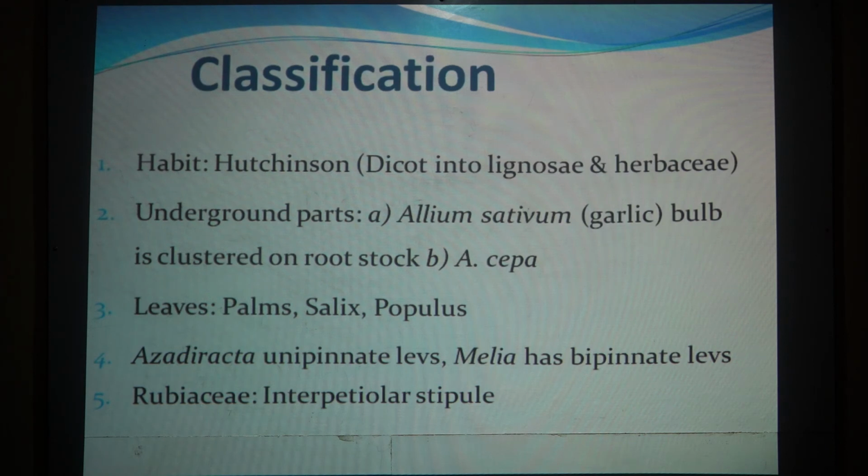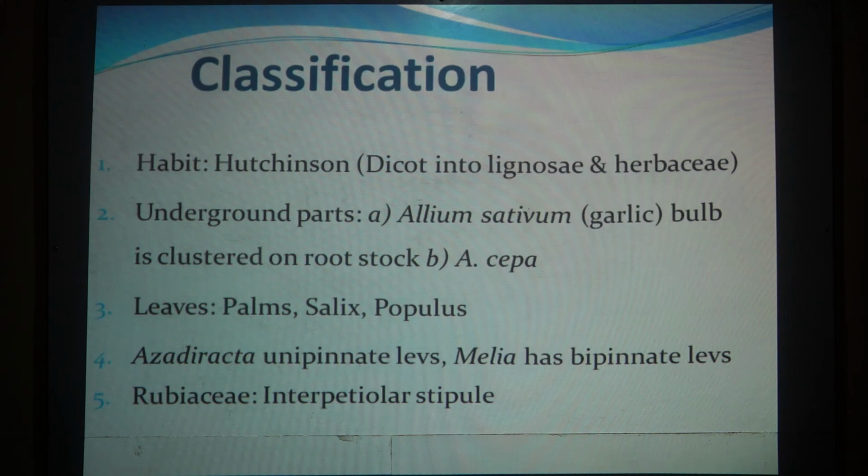So this morphology is used for classification. Some morphological characters are used by all taxonomists because they are easily visible and can be conveniently employed in classification. So we will see them one by one.